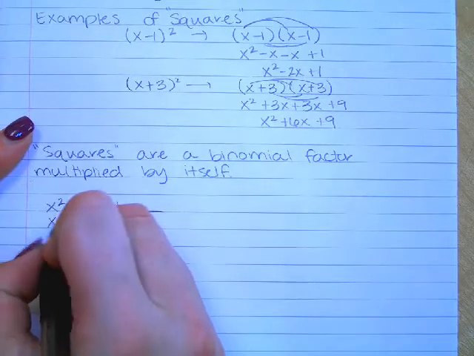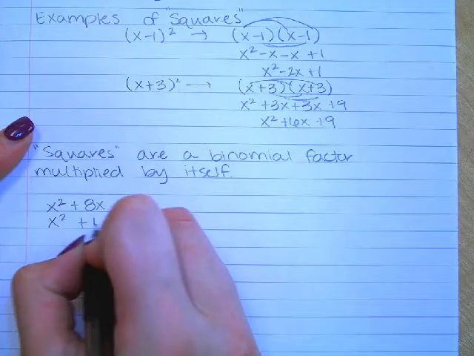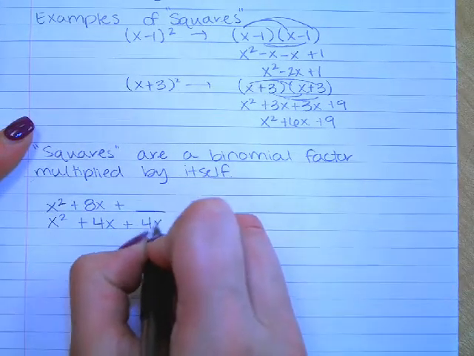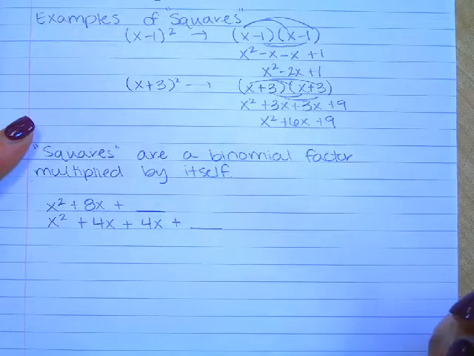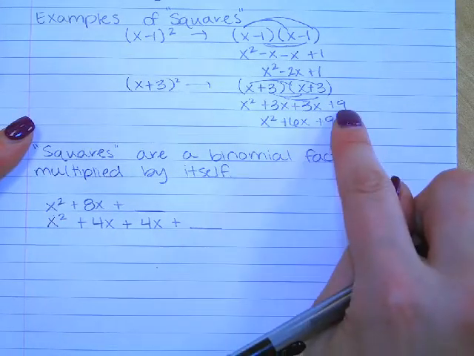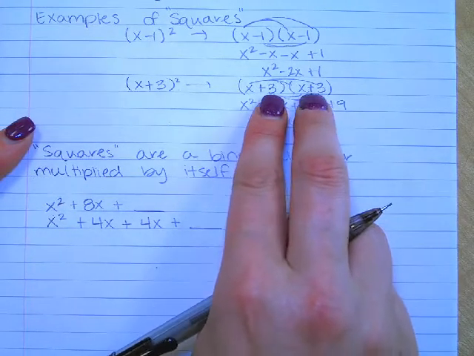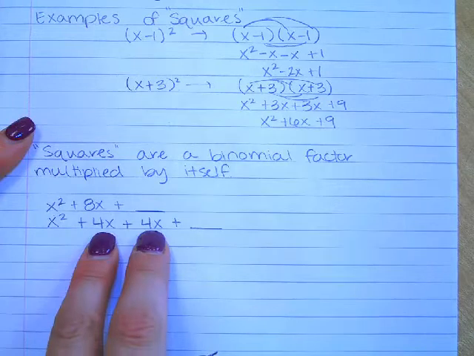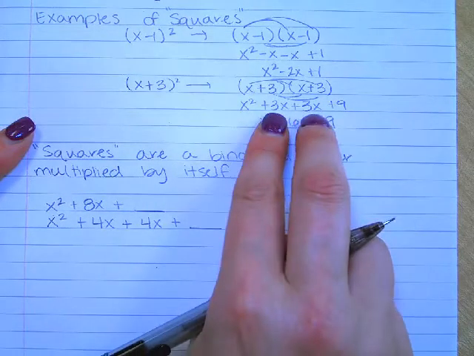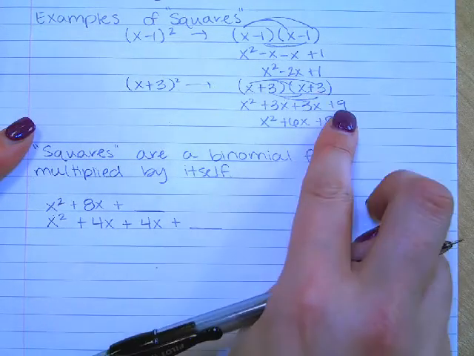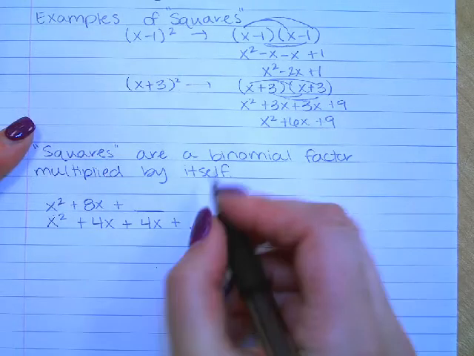So I'm going to think of this as x squared plus 4x plus 4x plus something. And then if you notice, the way that we got this number on the end, we had 2 3's, right? That's how we got 3x and 3x. So here, if we got 4x and 4x, then that would mean that like this, we had 3 times 3 is 9. We would have 4 times 4 is 16.